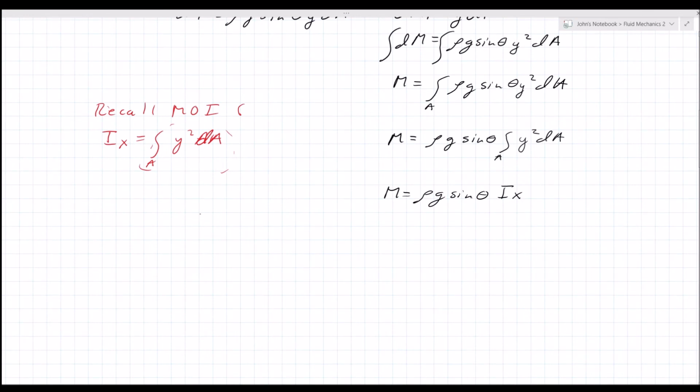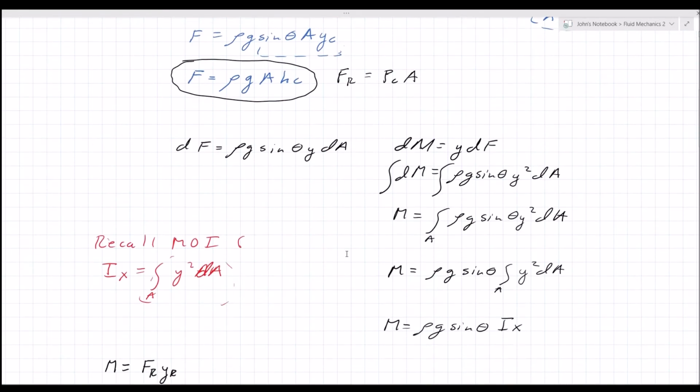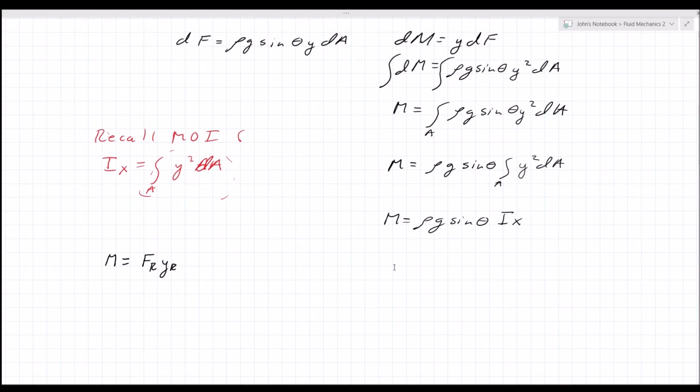Well, my moment of the resolved hydrostatic force is going to be F sub r times its location from my point O up here, is equal to rho g sine theta I sub x.